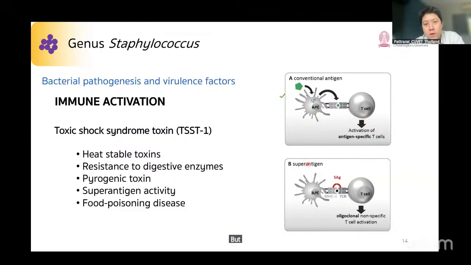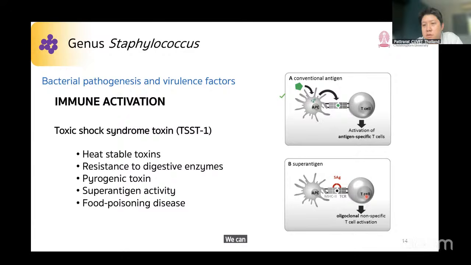This is the normal process. But superantigens like toxic shock syndrome toxin activate via MHC class 2 to the T cell receptor without any specificity. The superantigen activates multiclonal T cells and induces pro-inflammatory cytokines.